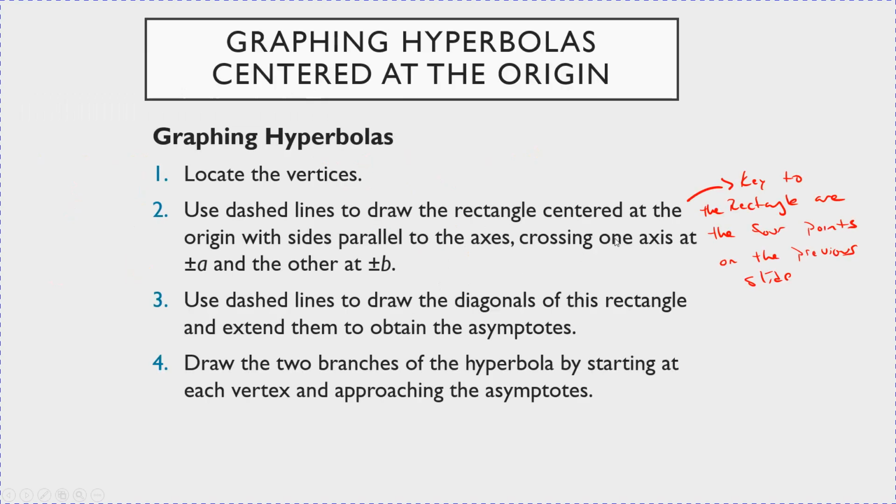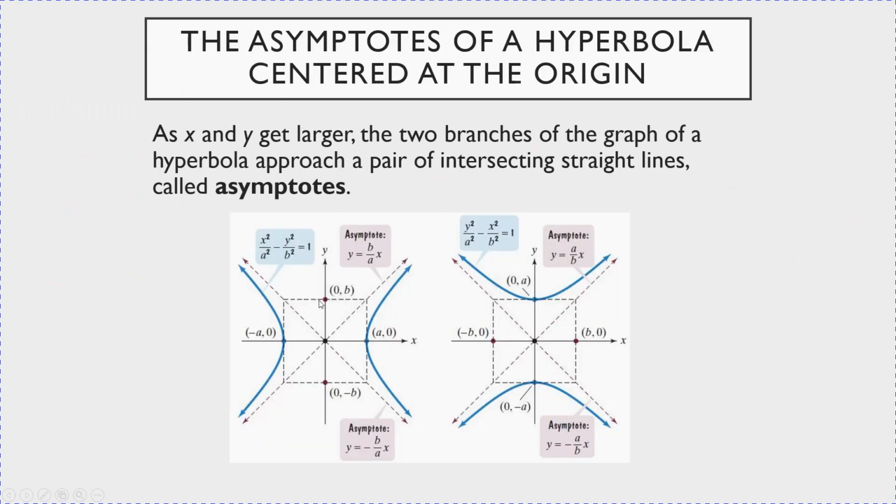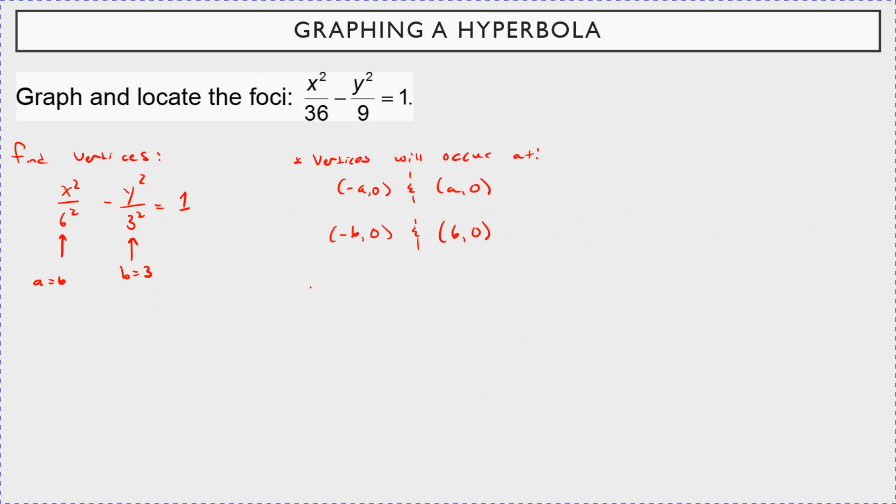But then notice I also said you need these 4 points. So you're going to want to find these additional points, 0 comma b and 0 comma negative b. So 2 additional points for the rectangle.